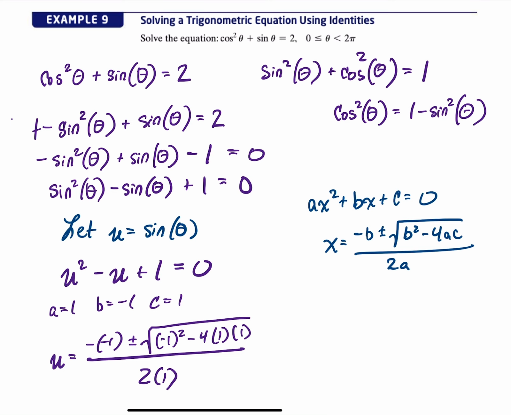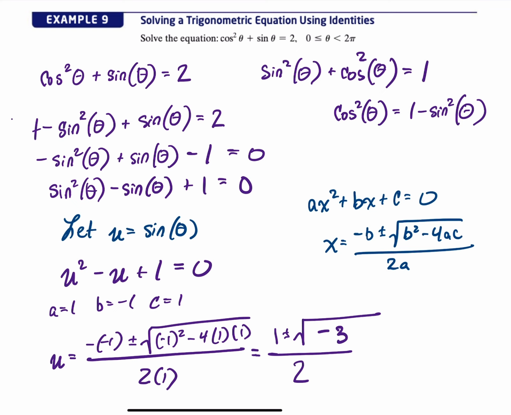Well, notice what's going to reduce under the square root. This would end up becoming +1 plus or minus the square root of +1 minus 4, or we could say -3. So we have a negative number under the square root. So there's going to be no real solutions here.